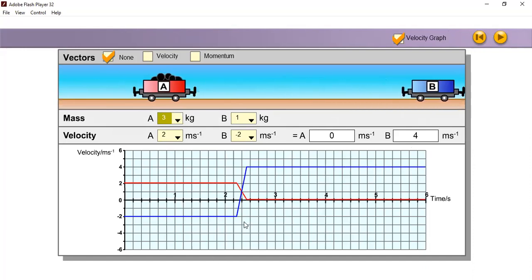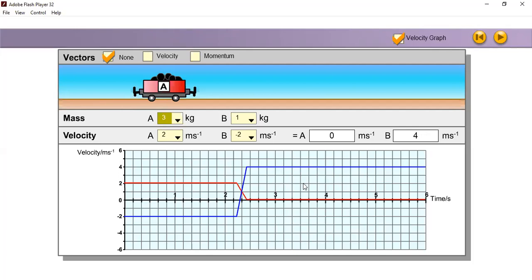That means after collision, they will move separately with different speeds.